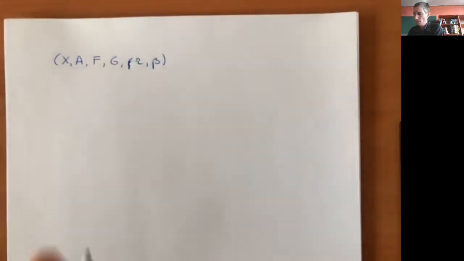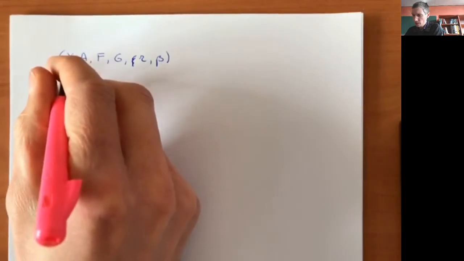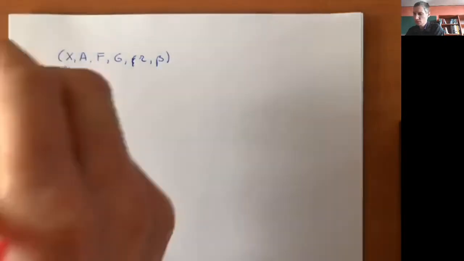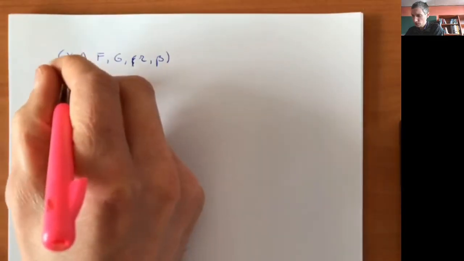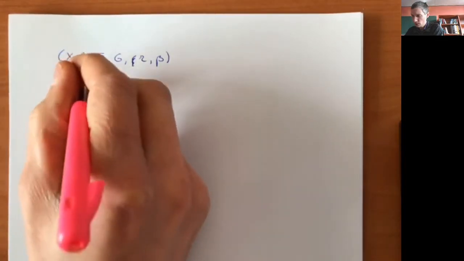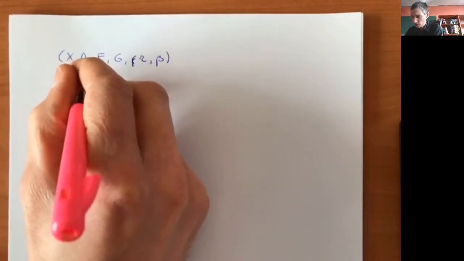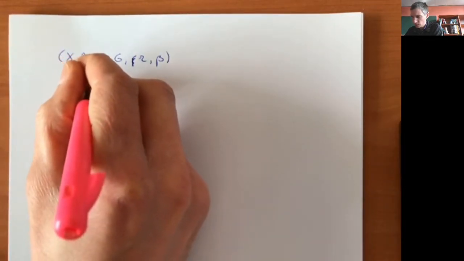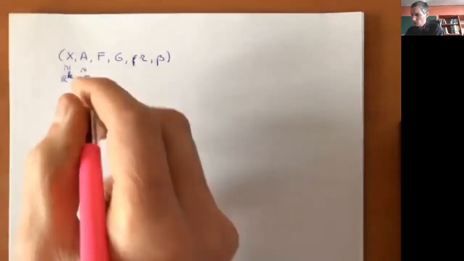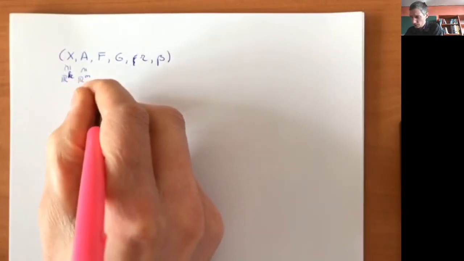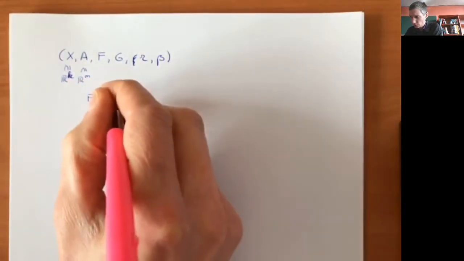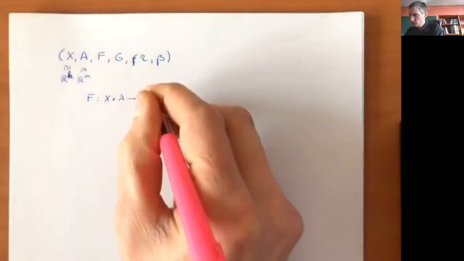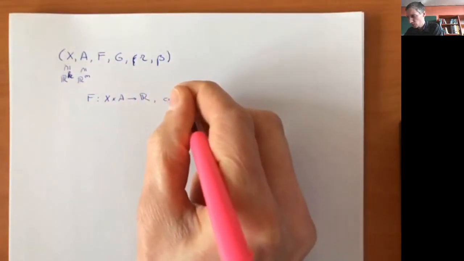Okay, so x and a, we're going to assume that these are subsets of Euclidean space, right? So for example, x is a subset of R^L, and a is a subset of R^K. Okay, and then f is going to be a function from X times A to R, and we're going to assume that this is a continuous function.